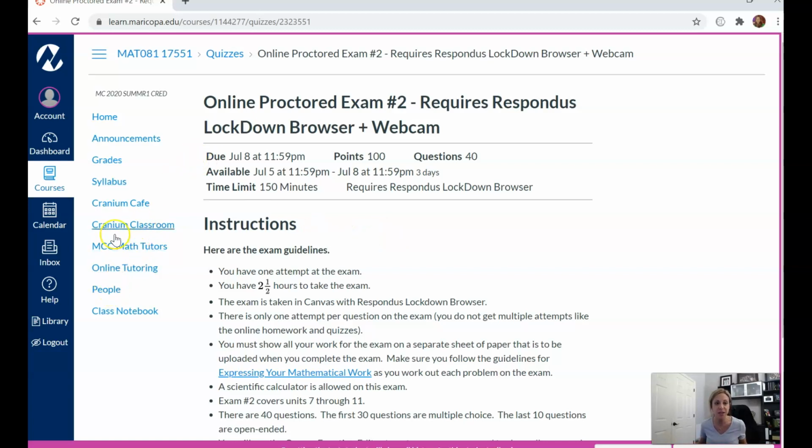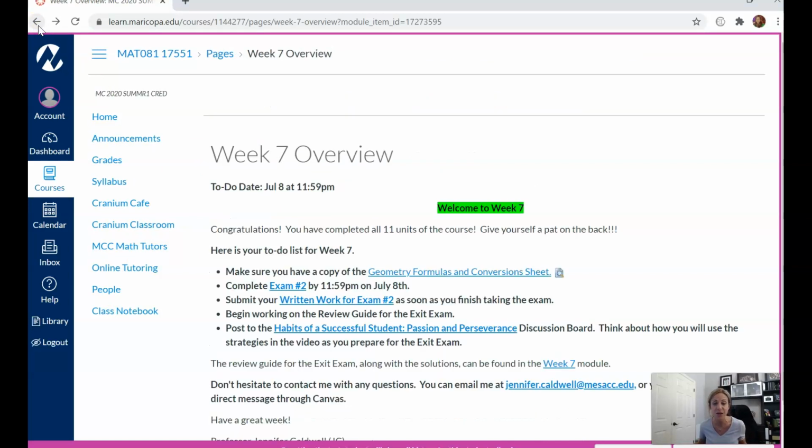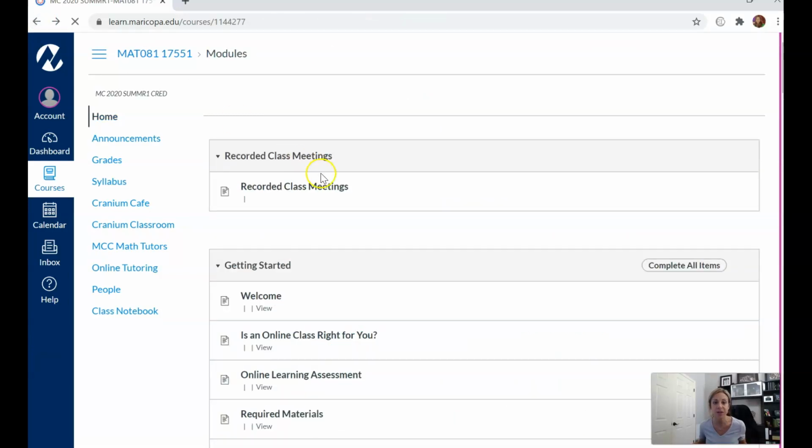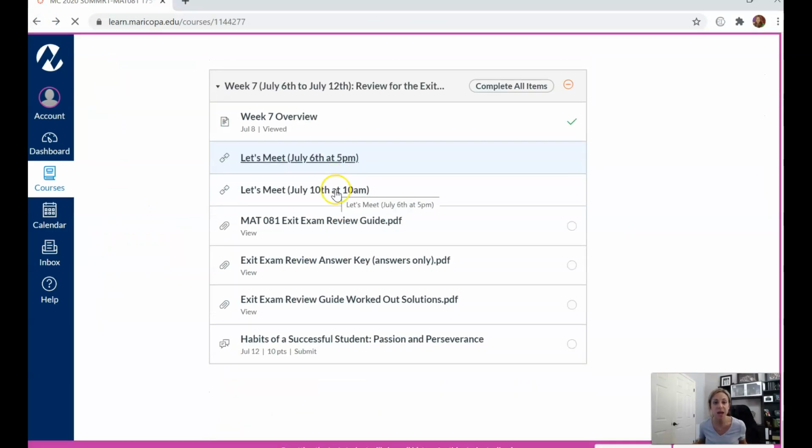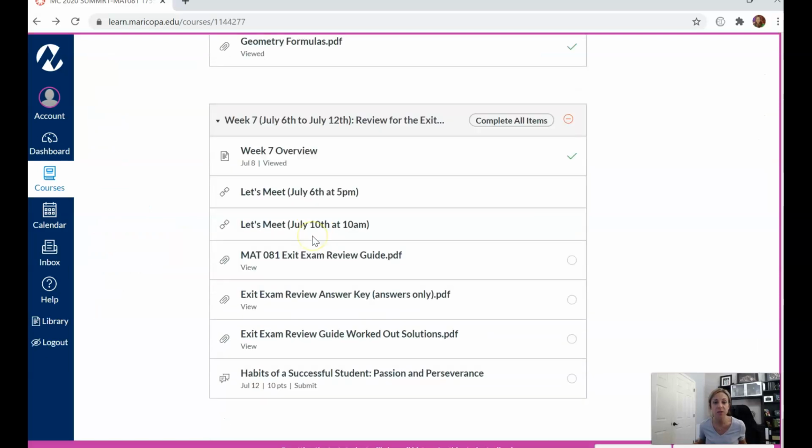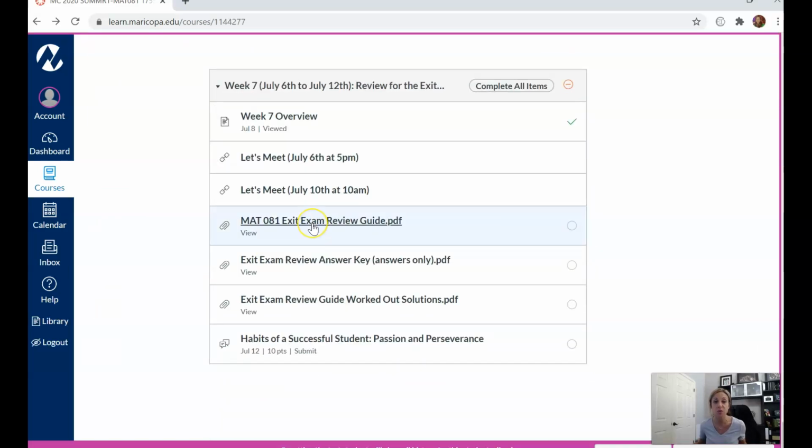After you take the exam, for the rest of the week, what you want to focus on is studying for the exit exam. If you go back into the modules, into week 7, you will see that I have 3 things regarding the review for the exit exam. There is the review guide. That's just a plain PDF that you can print out and work out the problems with pencil and paper.